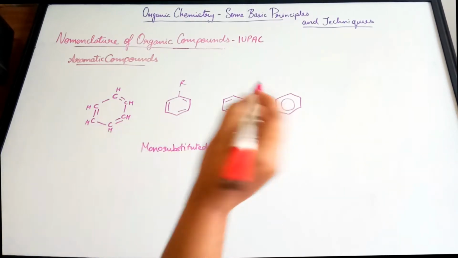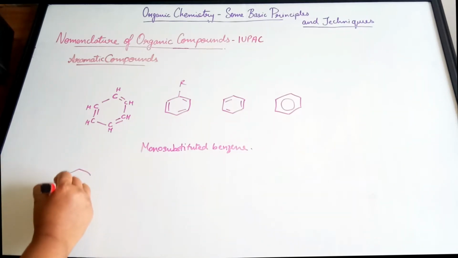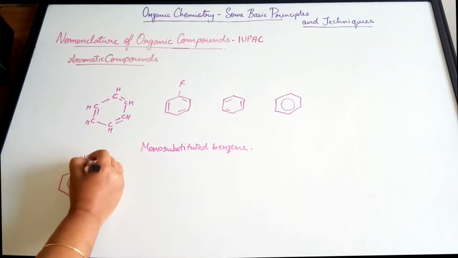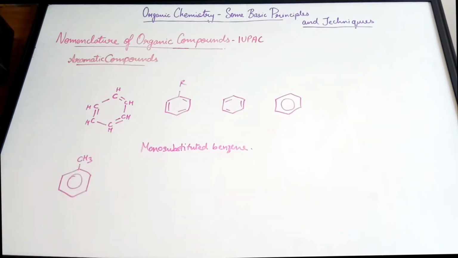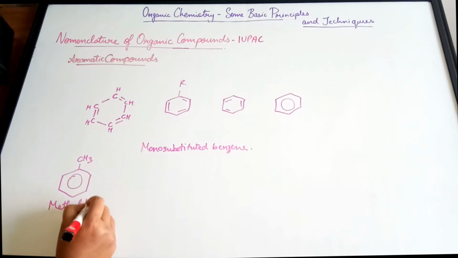So here the benzene is only substituted by one group. Examples of such compounds include this, a benzene ring with a CH3 group. There's only one CH3 group attached, and it is called methylbenzene or toluene.